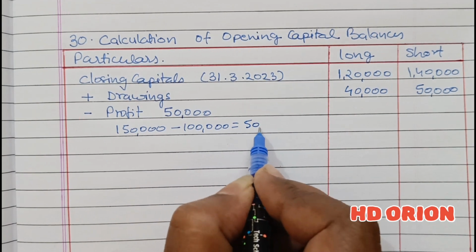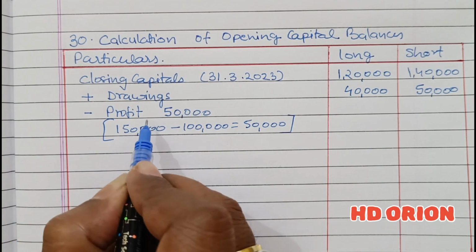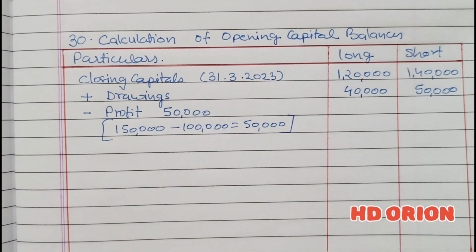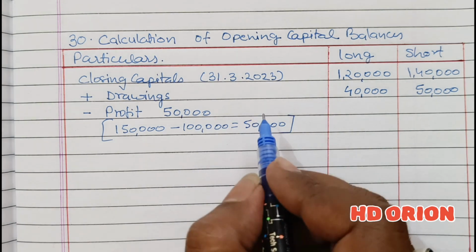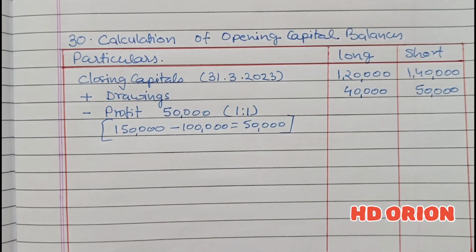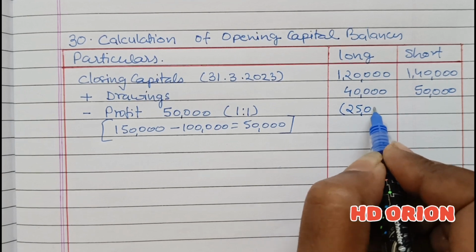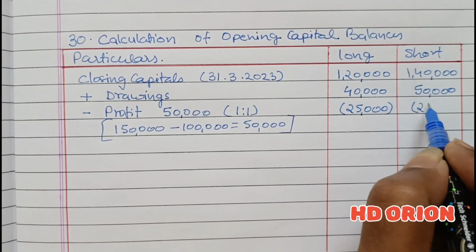So final divisible profit is how much? 50,000. So this 50,000 is given to the partners in their profit sharing ratio, and there is no profit sharing ratio given in the question, so it has to be 1:1. That is equal profit sharing ratio. So we will subtract 25,000 from both the partners.